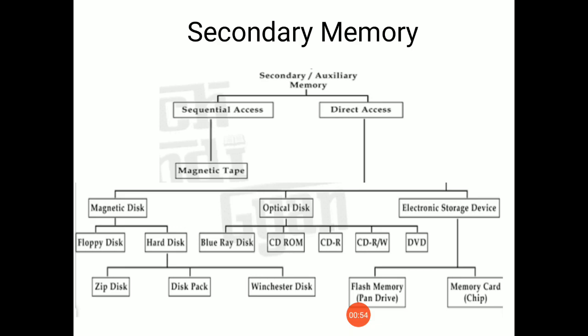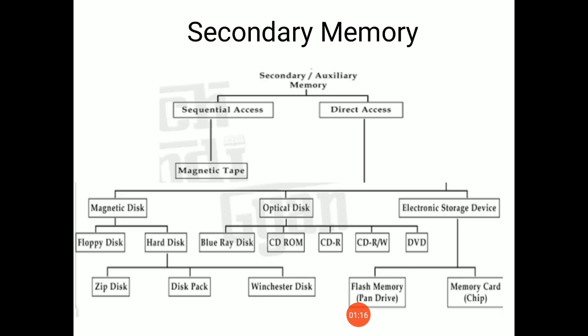So, coming to the types of secondary memory, basically secondary memory is of two types: sequential access and direct access. But overall we can say the main classification of secondary memory is in terms of magnetic or optical memory.